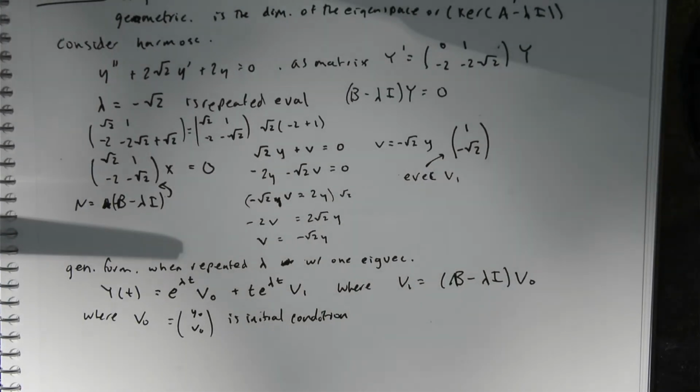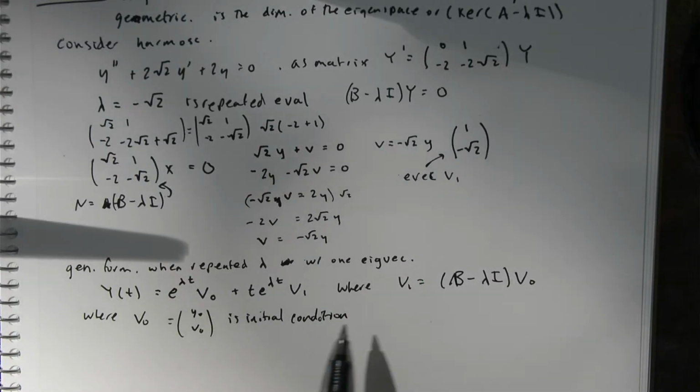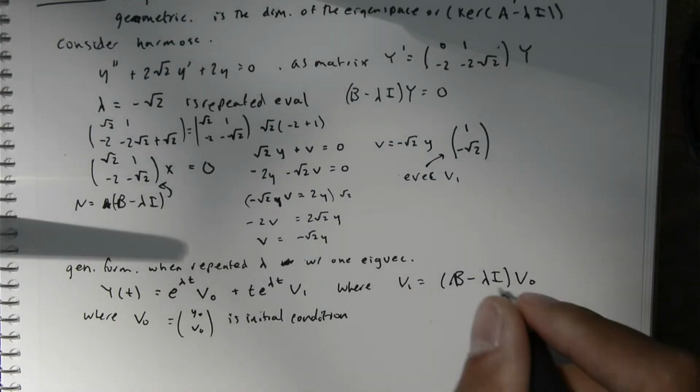Now, the tricky part here is, but we have v1, and we're calling this n.